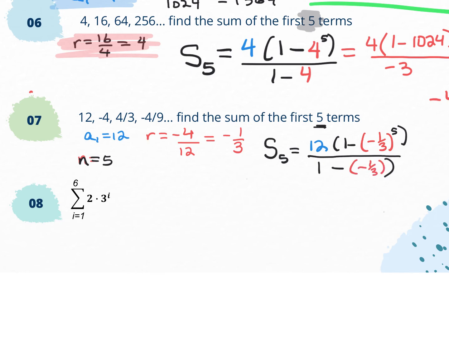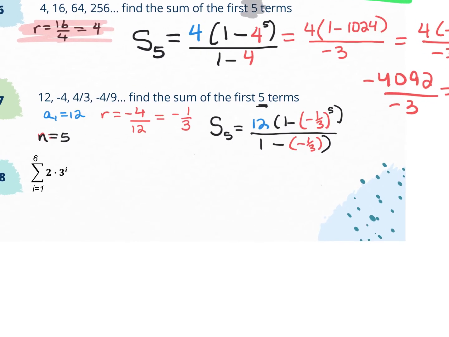So again, we need to follow order of operations here. Maybe I'll just work straight down. So now I'm going to get 12 times 1 minus, and then this will give me negative 1 over 243. Do not simplify that negative negative. Do the exponent first.